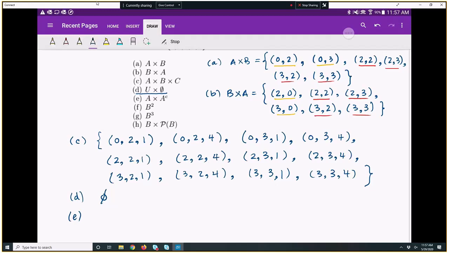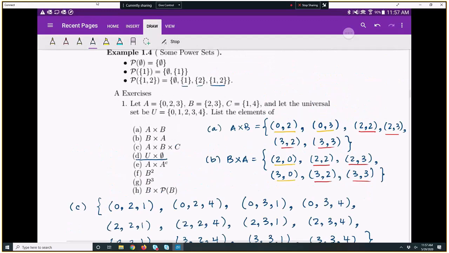Now I have A cross A complement. So since A is 0, 2, and 3, and I know my universal set is 0, 1, 2, 3, and 4, that tells me that A complement is 1, 4.